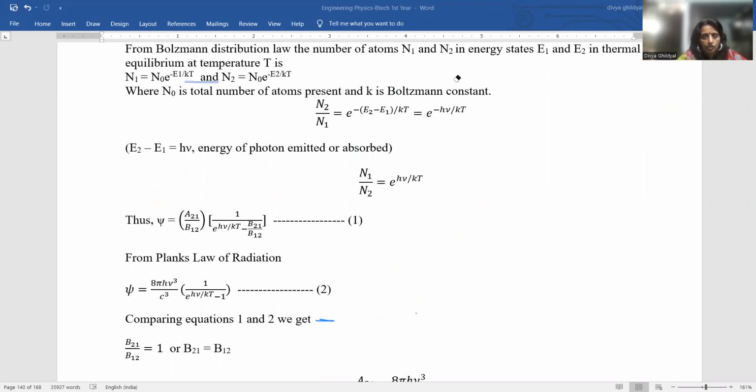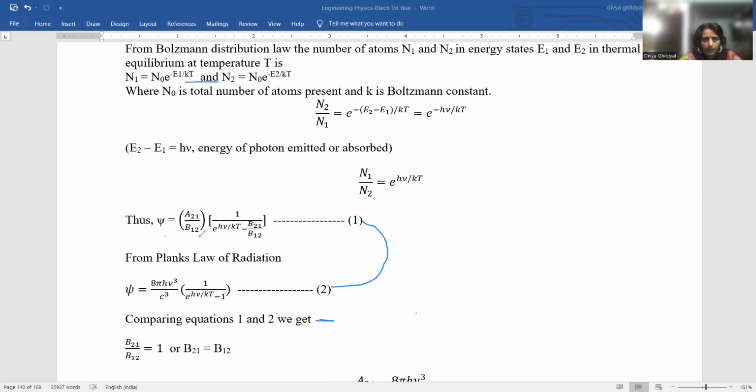The derivation is not simple. You just have to memorize that Planck's law of radiation is given by phi equals 8 pi h mu cube upon c cube into 1 upon e to the power of h mu by kT minus 1. So both are expressions of phi.